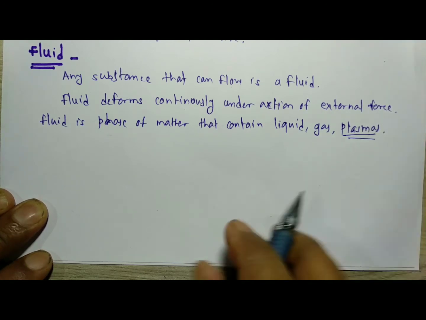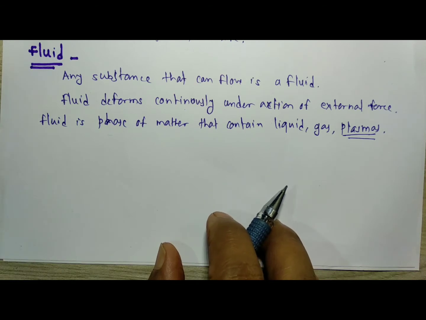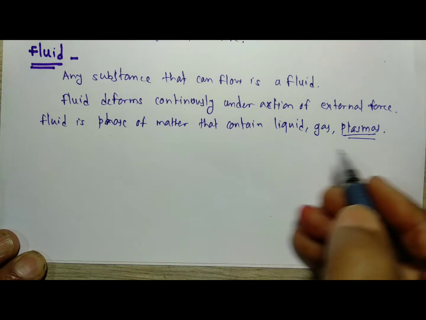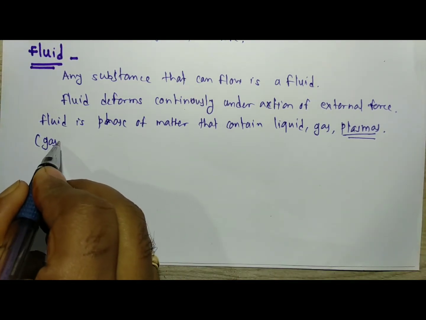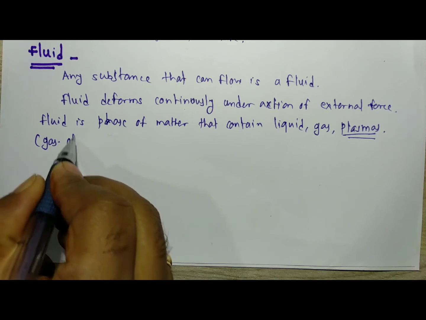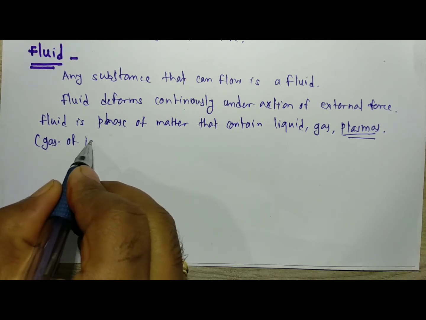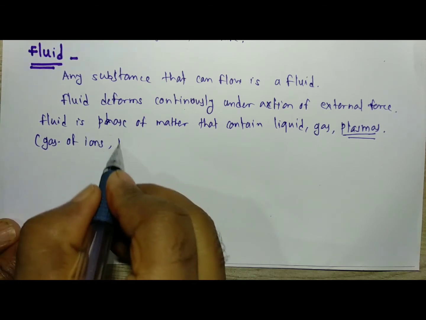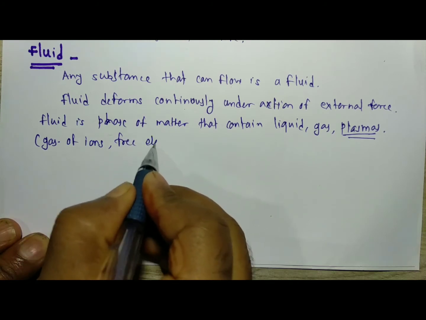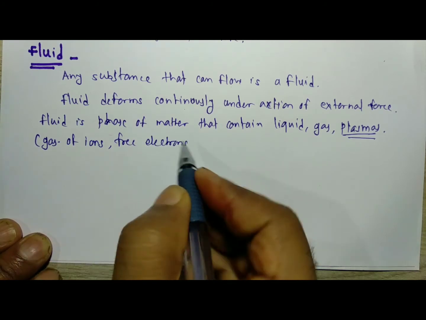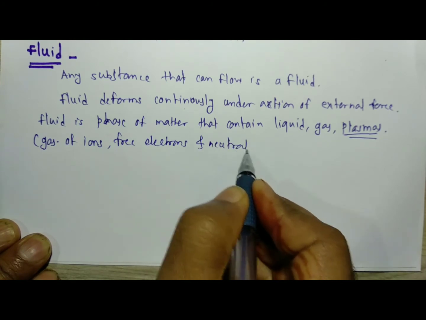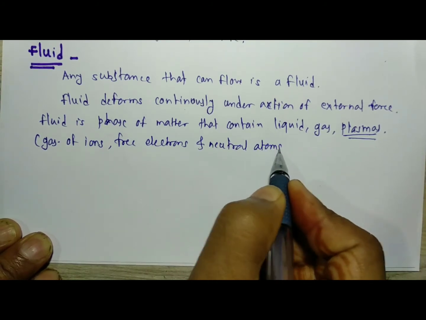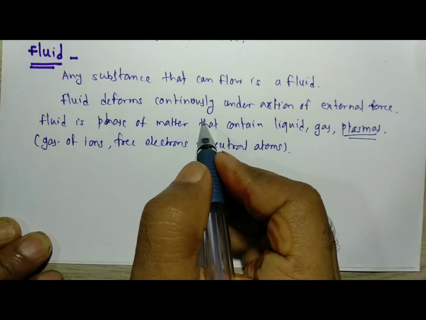Plasma is nothing but a gas of ions, free electrons and neutral atoms. We have to consider here a gas of ions, free electrons and neutral atoms. Neutral atoms are there.